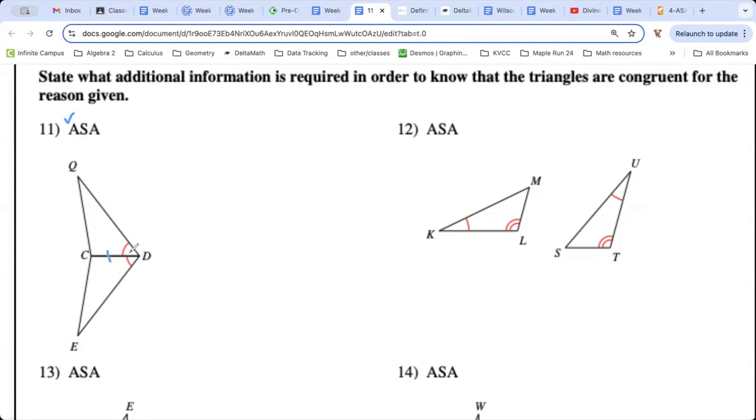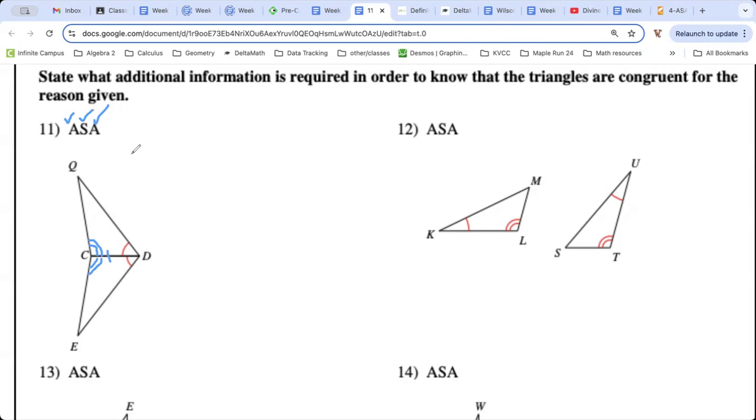Okay, so angle, side. All we need is what? If and only if these two angles are congruent, then it will be golden. It will work out. Okay. So we have angle, we have side, even though they didn't give us, but we know they share it. So the only information we need is what?